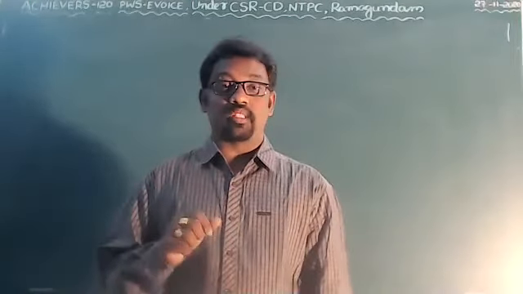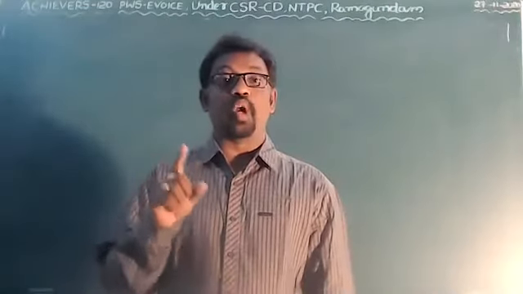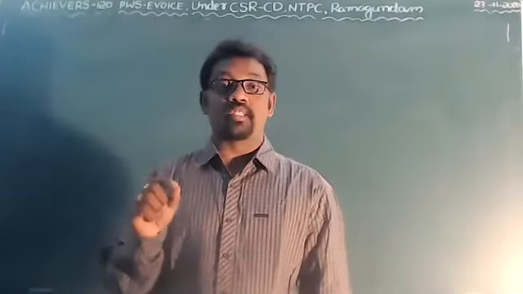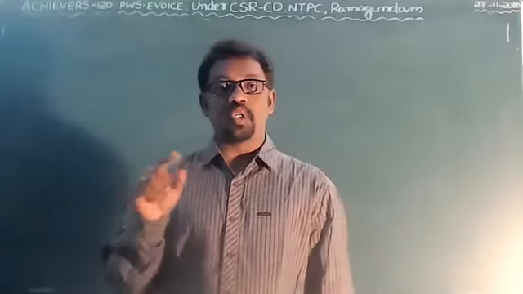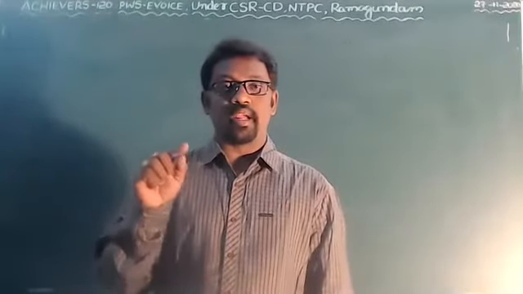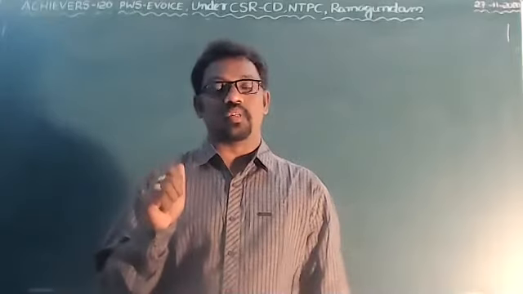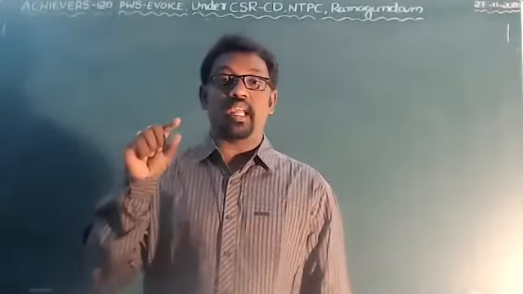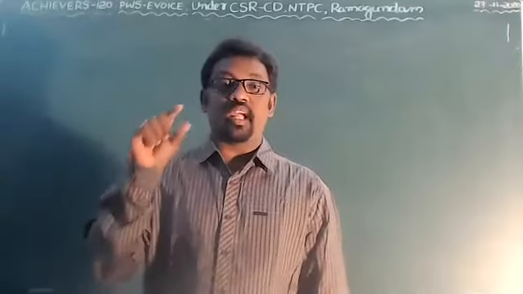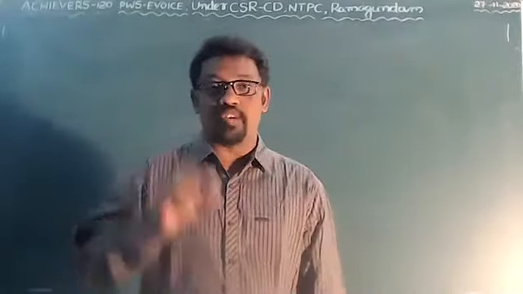We have formulas for the sum of the zeros and product of the zeros from the quadratic polynomial ax square plus bx plus c. Minus b by a is the sum of the zeros, c by a is the product of the zeros. Now, is there any connection between these zeros and coefficients?